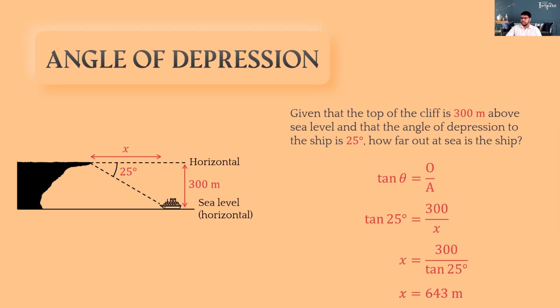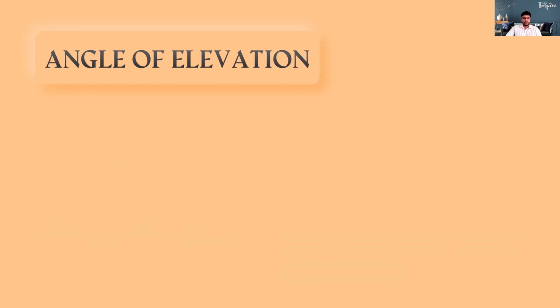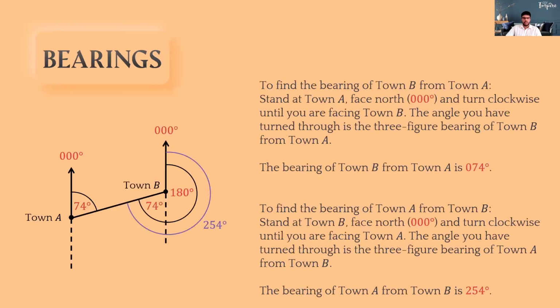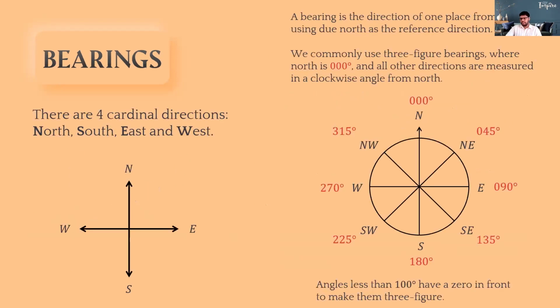So, children, go ahead with the questions. So, Dua, you wanted me to explain bearings again, so I'll just go through it. Let me go to the bearing slide. Okay, so it's like this. When you're looking at bearings, you always start from north.